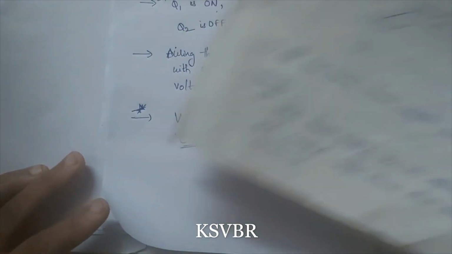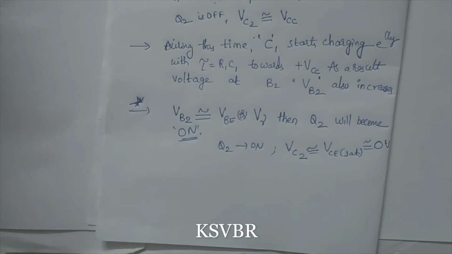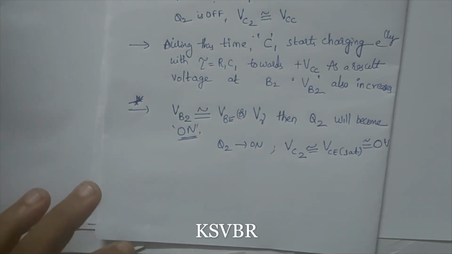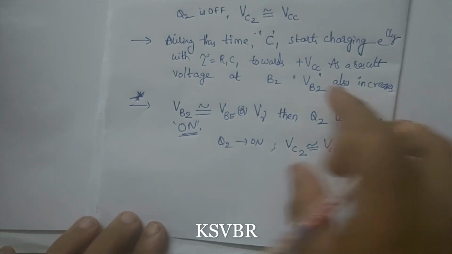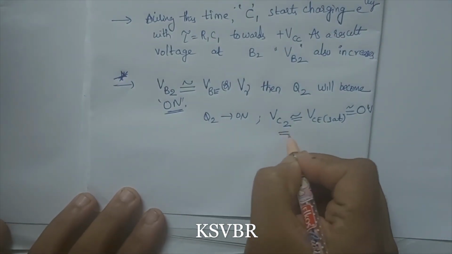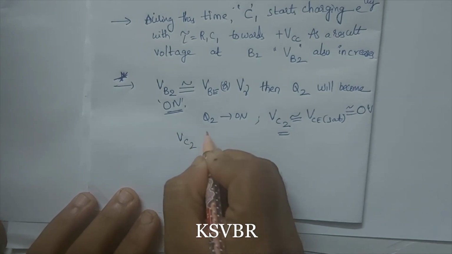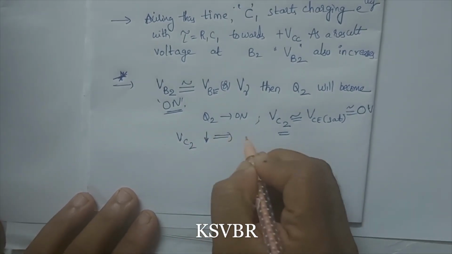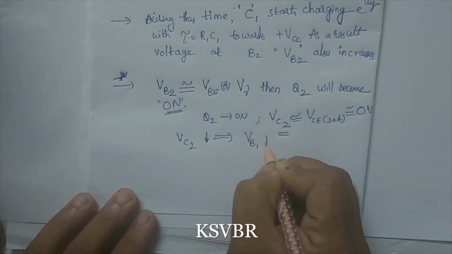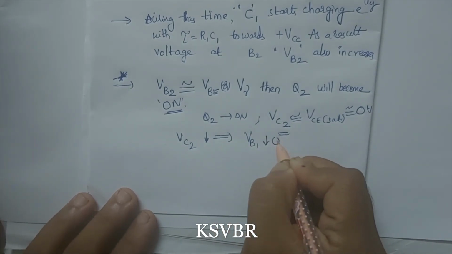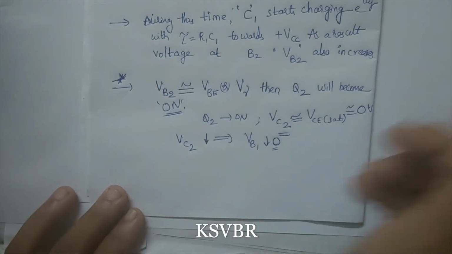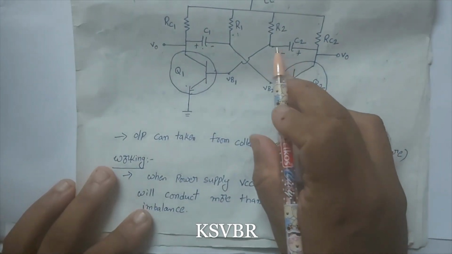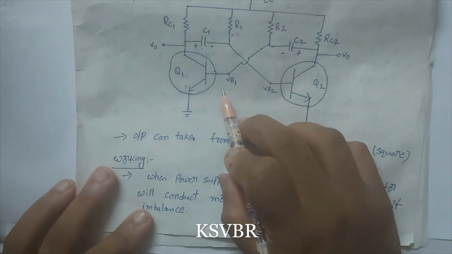So what happens to C2? C2 behaves as a coupling capacitor here, and because VC2 is approximately 0 or decreasing, it leads VB1 to also decrease, or be approximately 0 here, because of this connection.